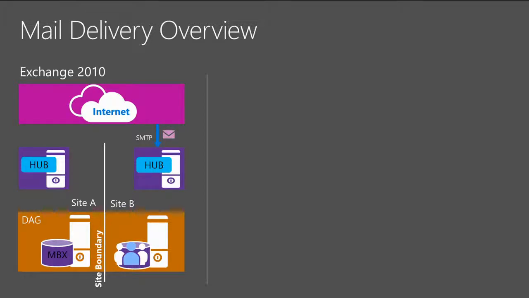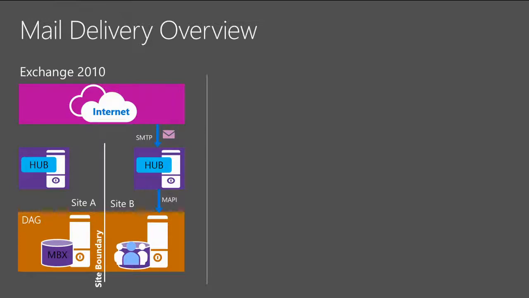If you remember, in 2010, when you have mail coming in from the internet, it uses SMTP to talk to the hub. The hub, on the other hand, talks MAPI when it writes to the store. You'll notice, and I'll keep repeating this, that when the hub talks MAPI, there are 2 different machines here. So MAPI is actually going across machines.